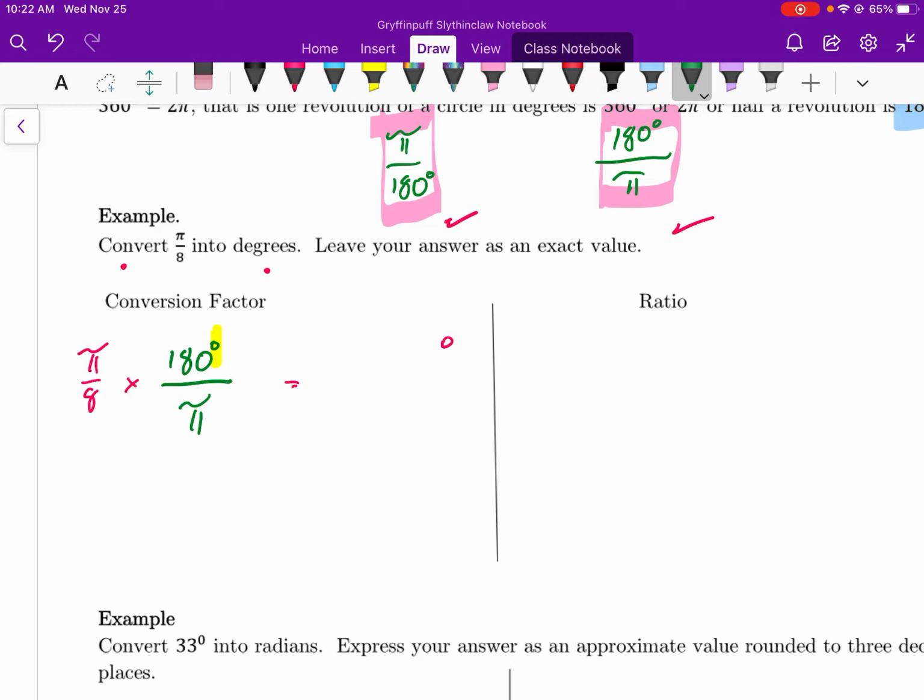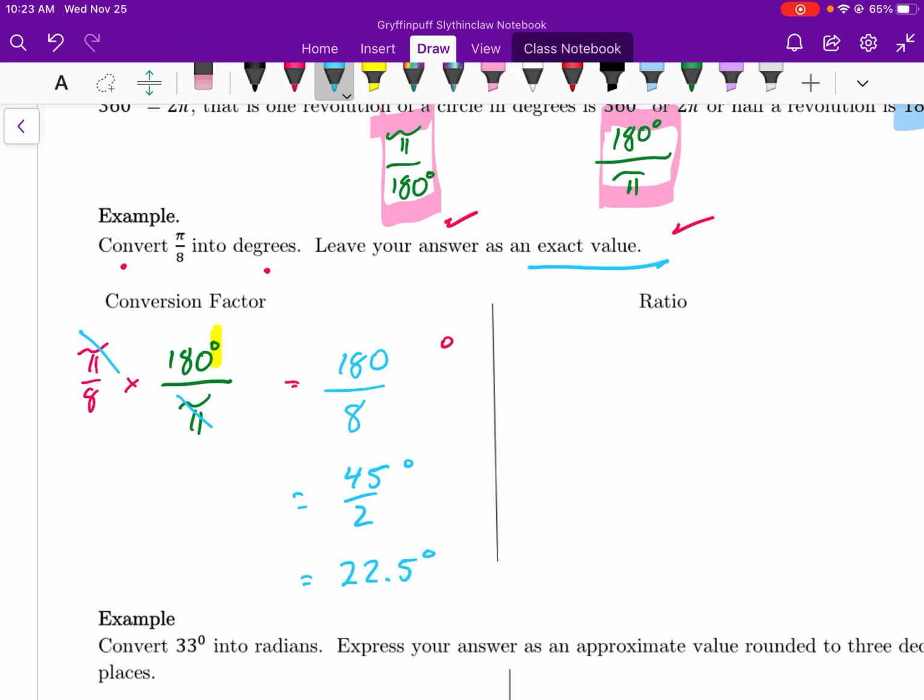So what we notice, we have a factor of pi in the numerator and denominator. Those cancel each other out. So I'm left with 180 degrees over 8. And if I divide both top and bottom by 4, I end up with 45 over 2 degrees, or 22.5 degrees. Now it's set as an exact value.